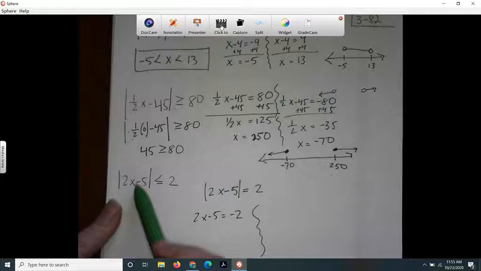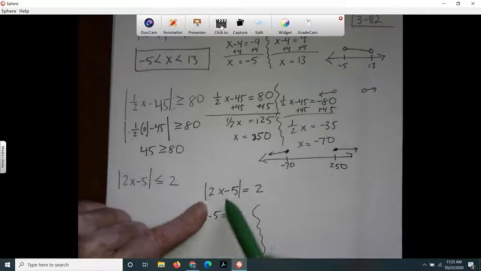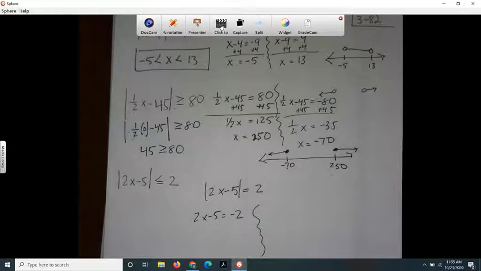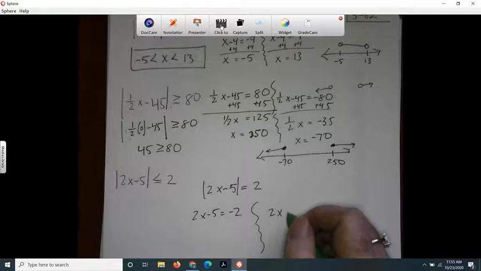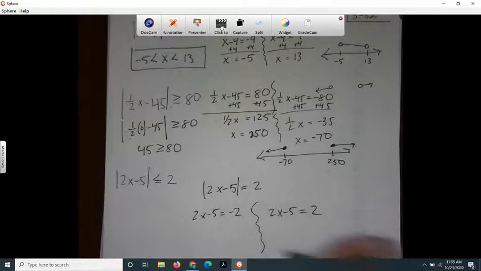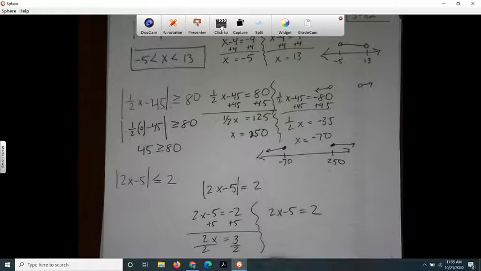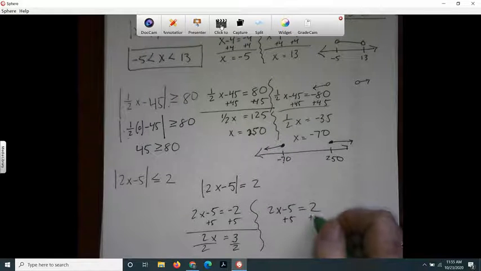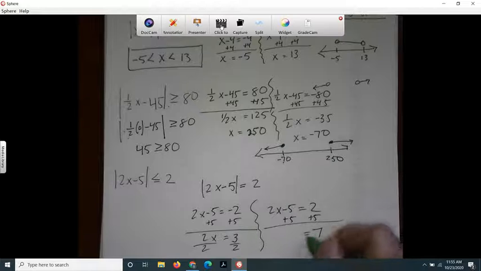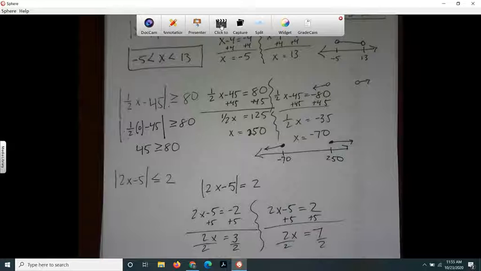Okay, so I got that, and then I've got 2x minus 5 equals 2. Three halves is 1.5. Seven halves is 3.5. So then I'm going to get this on a number line just to check.